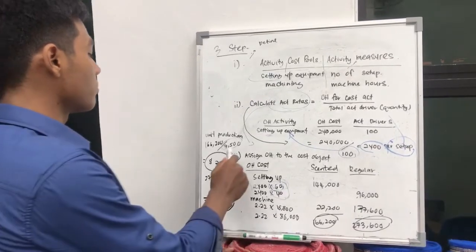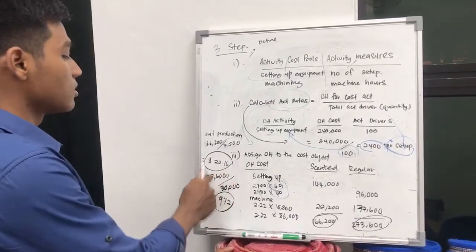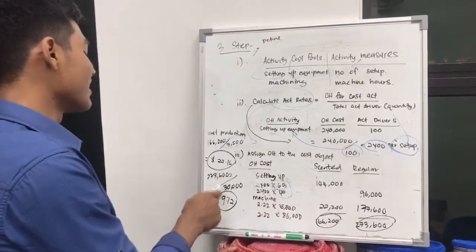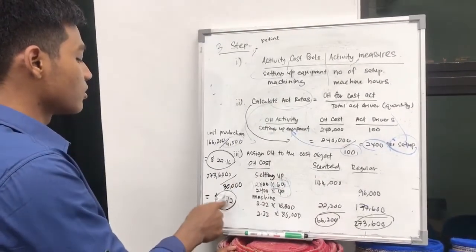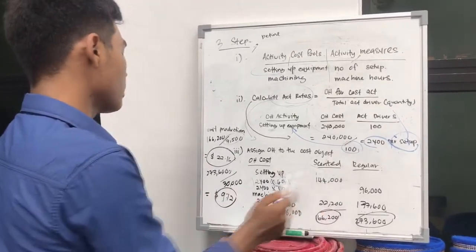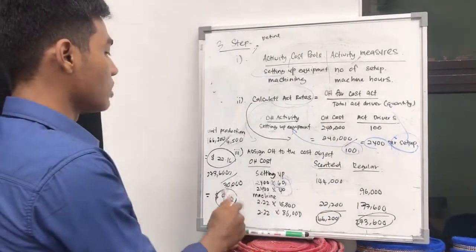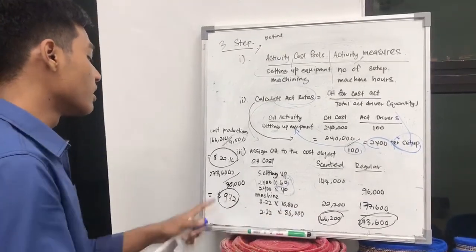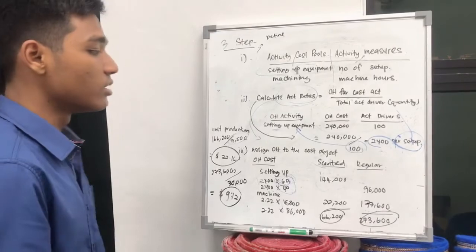So you divide for this department, and you will get the cost per unit of this department. Then for the regular department, you divide the manufacturing cost by the unit production of the regular department, and you will get the cost per unit for the regular department.